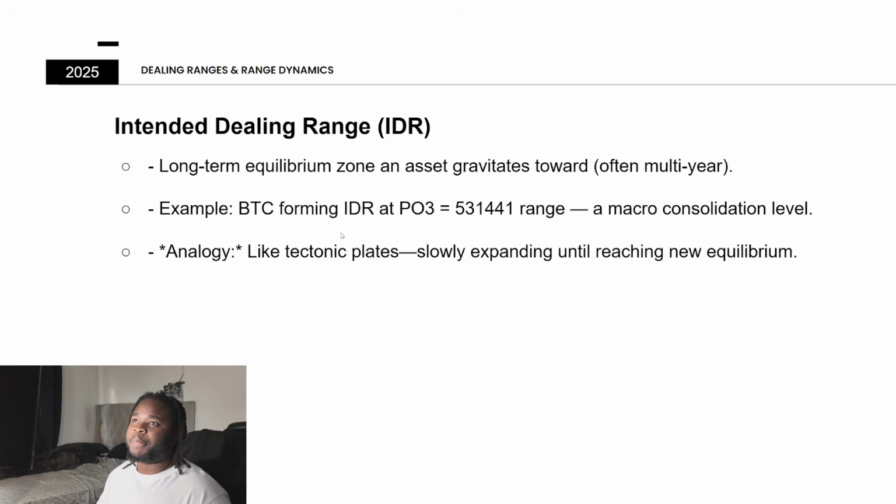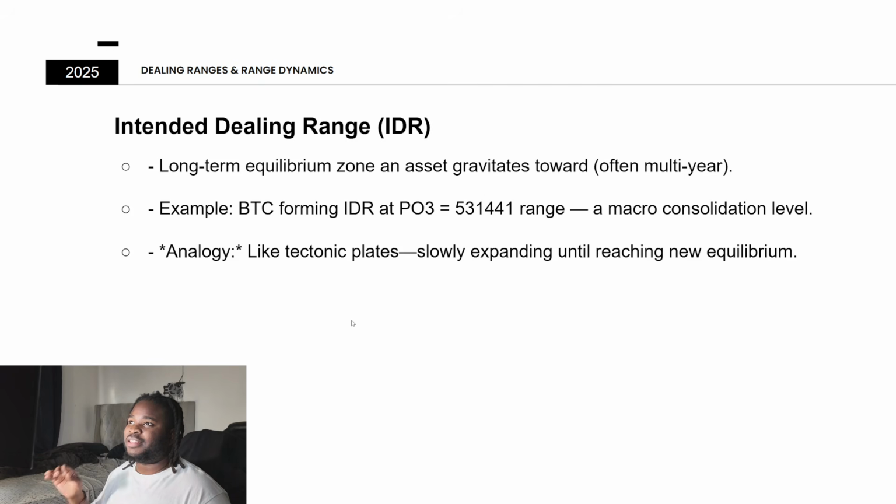Okay, an intended dealing range is not quite as important. I'll go over it. Intended dealing range, a long-term equilibrium zone an asset gravitates towards, often multi-year. Example: Bitcoin forming an intended dealing range at PO3 531 441 range, a macro consolidation level, like tectonic plates slowly expanding until reaching a new equilibrium.